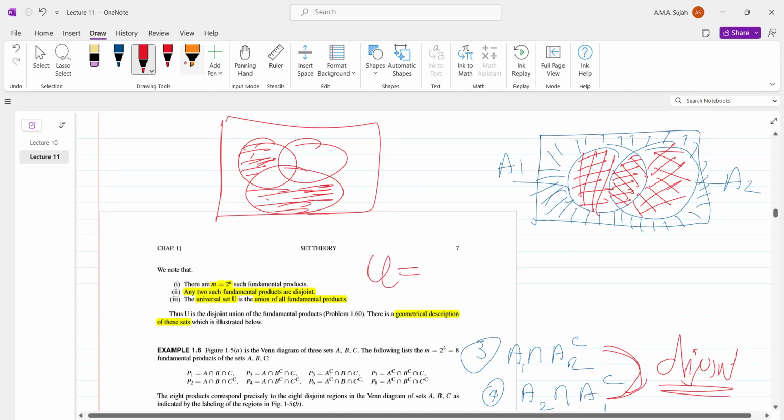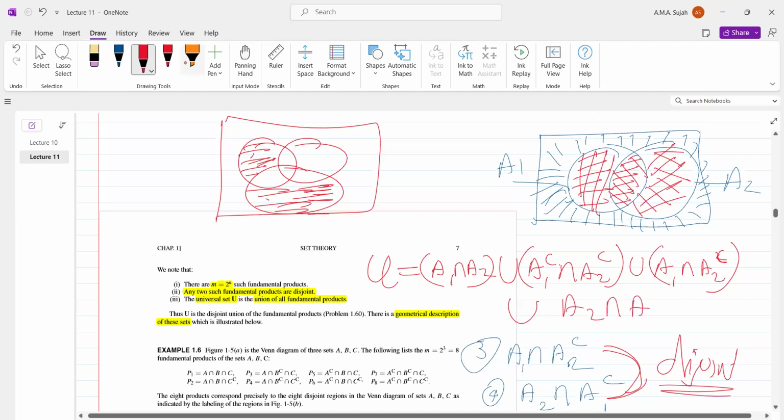So the universal set is equal to A1 intersection A2, union A1 complement intersection A2 complement, union A1 intersection A2 complement, union A2 intersection A1 complement.